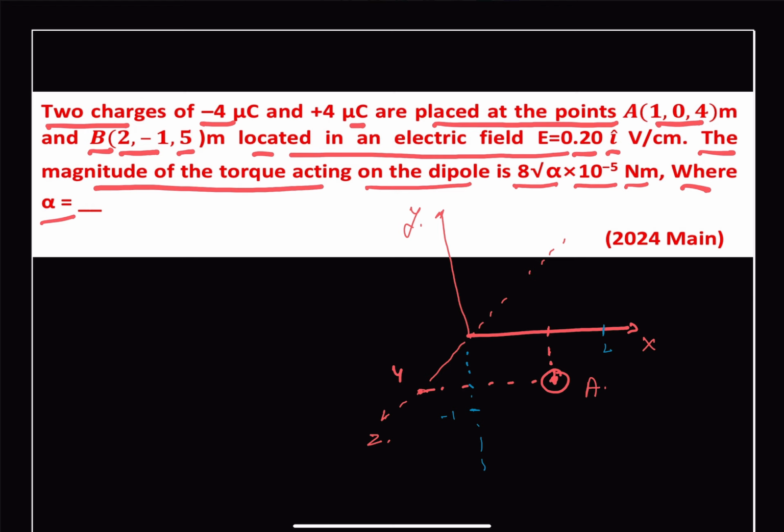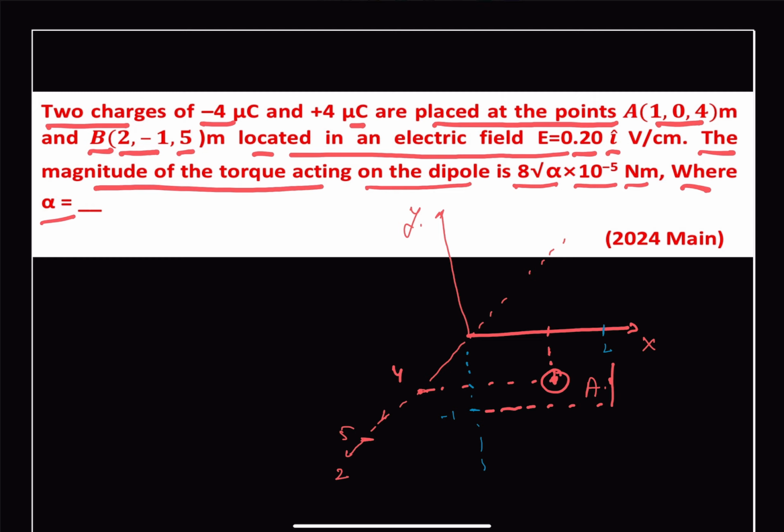So I think it is much better that we draw it in a simpler way. This is the z axis and z is given as 5, so this is 5 somewhere here. So we can just plot it.